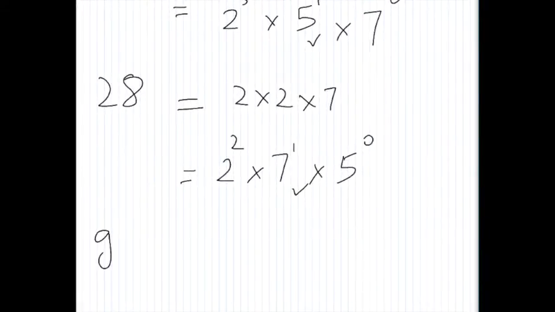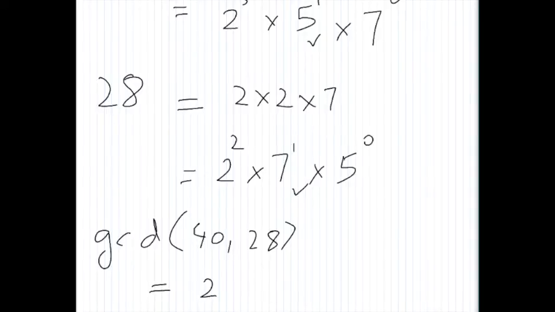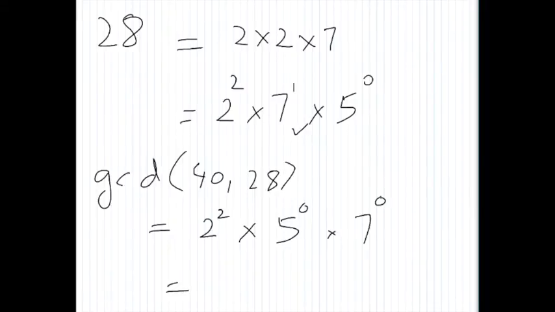So the GCD of 40 and 28 is equal to 2^min(2,3) which is 2^2, times 5^min(0,1) which is 5^0, times 7^min(0,1) which is 7^0, which is equal to 4 times 1 times 1, which is equal to 4.